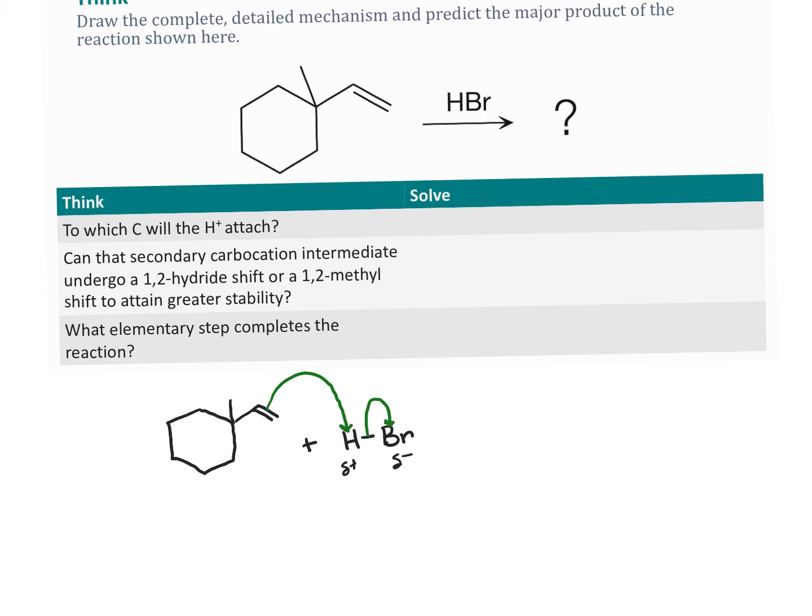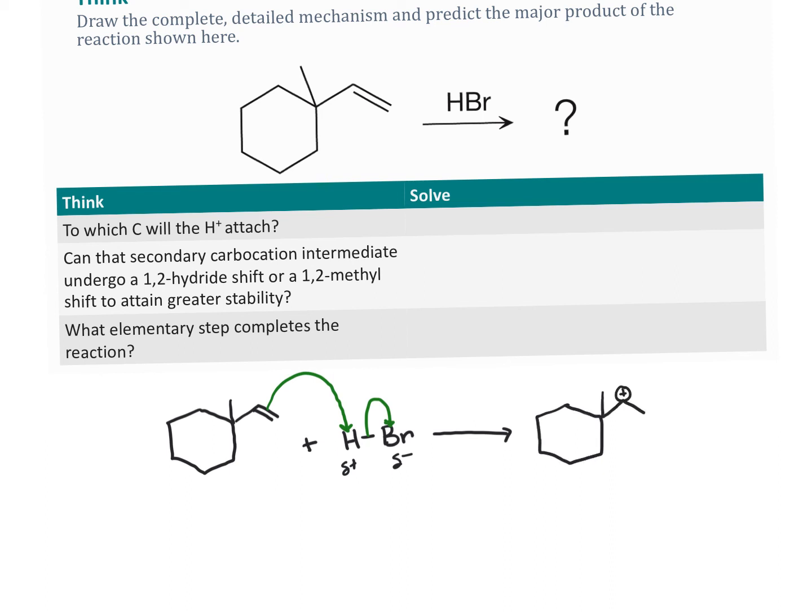Now, the question is, where is that hydrogen going to go? Well, when that hydrogen goes back, right, that proton goes back, there are 2 protons here and there's 1 proton there, okay? So it's going to go here and form that carbocation.